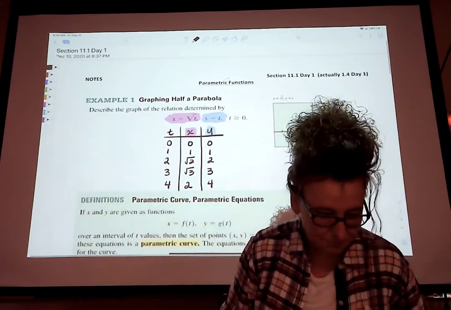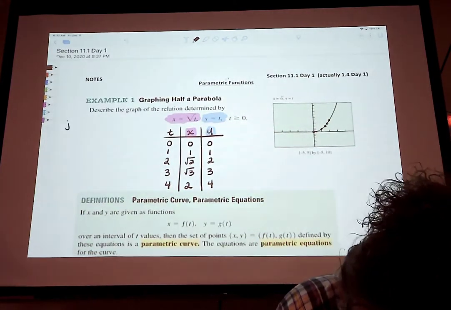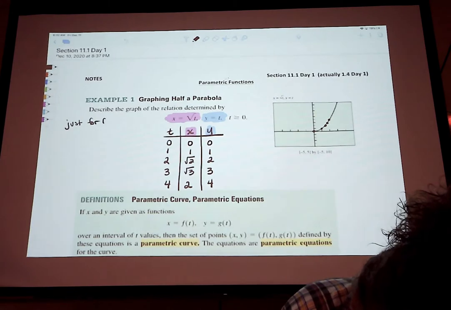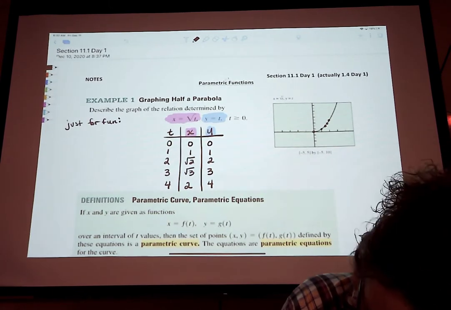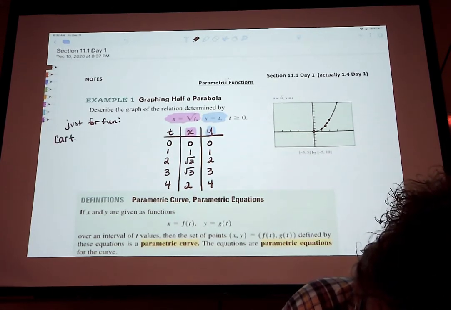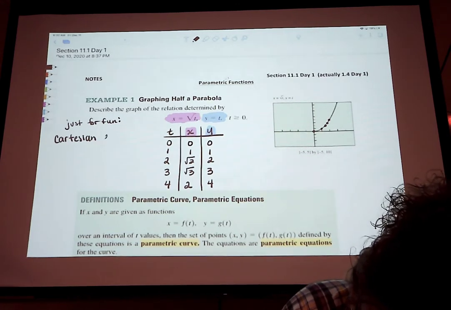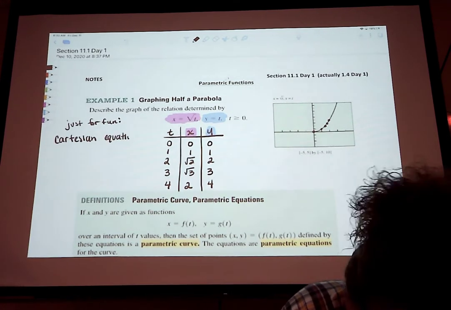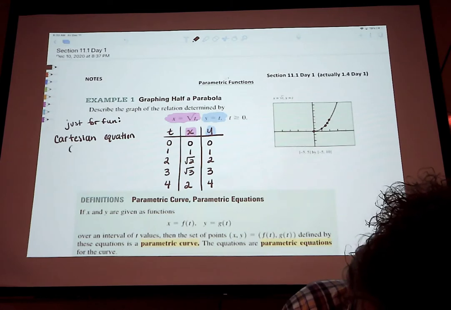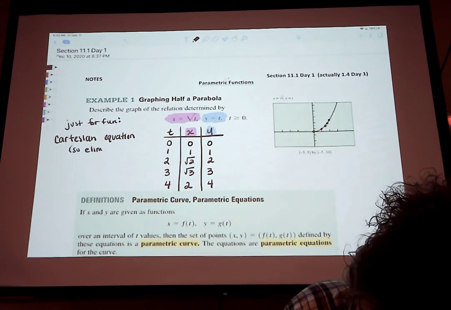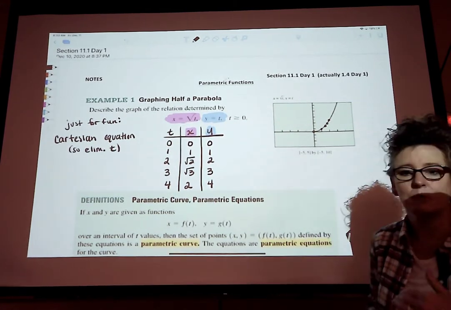Now, just for fun, let's look at a Cartesian equation. So let's eliminate t.